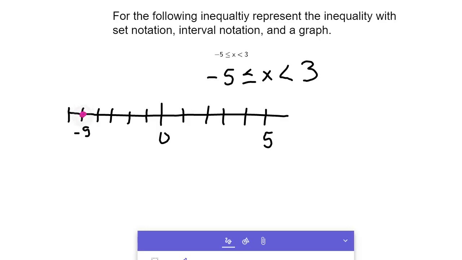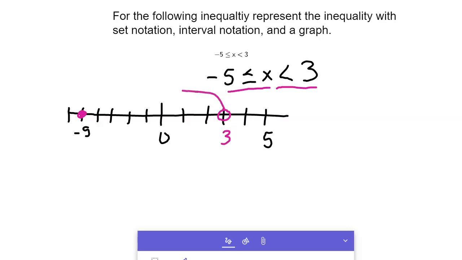So we would have a solid circle here. And x is greater than negative 5. So I'm reading that part there. And then x is less than 3. So the thing is, 3 is my end point. It would be an open circle because we wouldn't include 3.